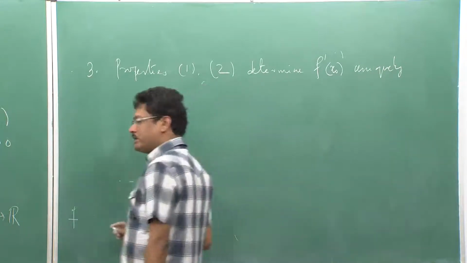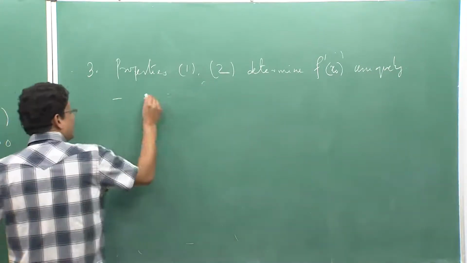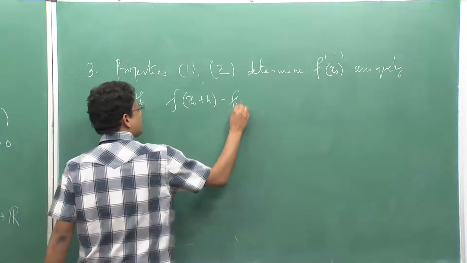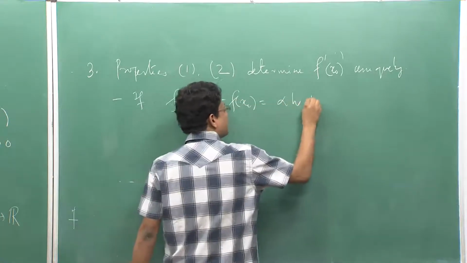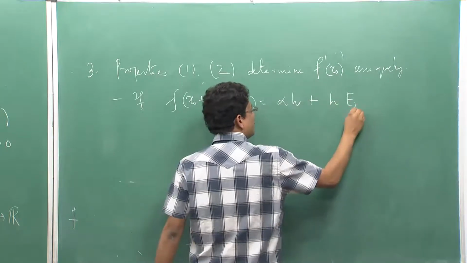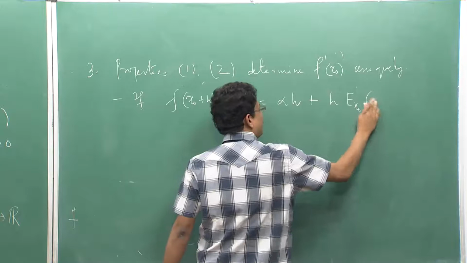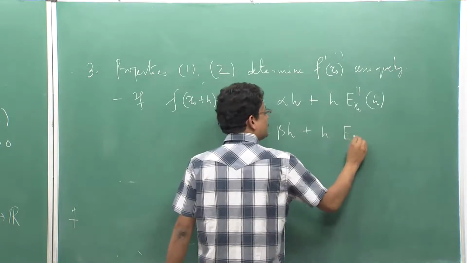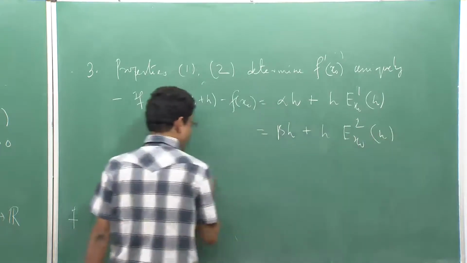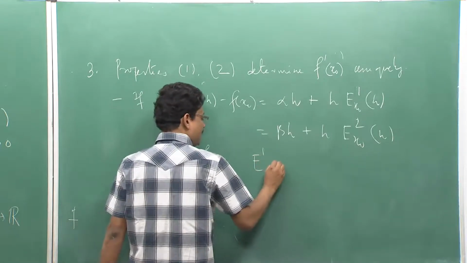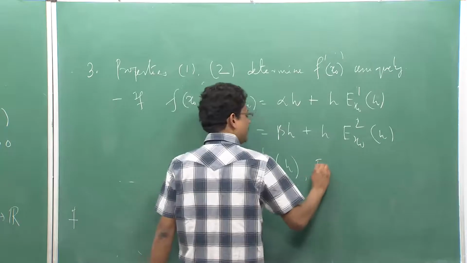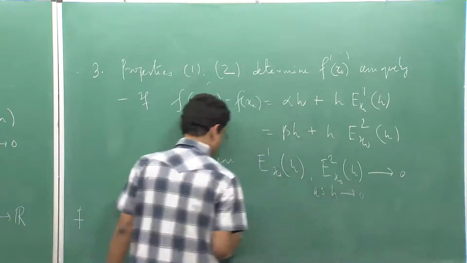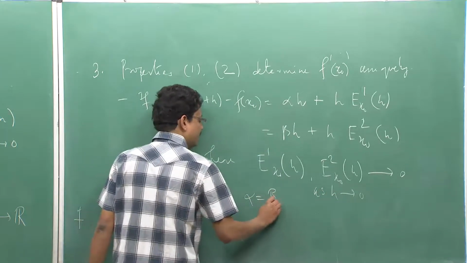I will leave it as an assignment exercise, and what it means is, if f of x naught plus h minus f of x naught equals some alpha h plus h into e1 x naught h, and also equals beta h plus h into some e2 x naught h, where e1 x naught h and e2 x naught h both go to 0 as h goes to 0, then alpha equals beta.